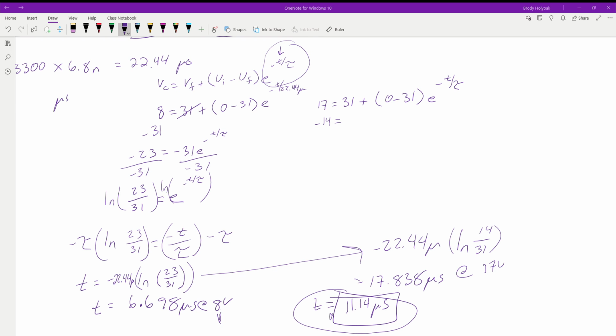Read that to me one more time. Time equals negative tau times the natural log of negative VC plus VS divided by VS. I believe that is correct.